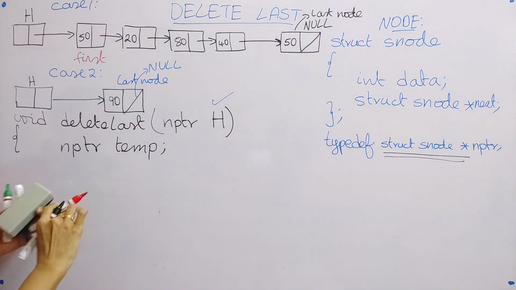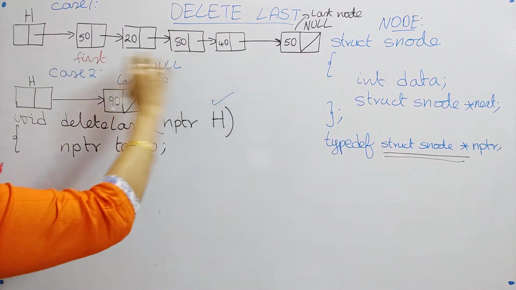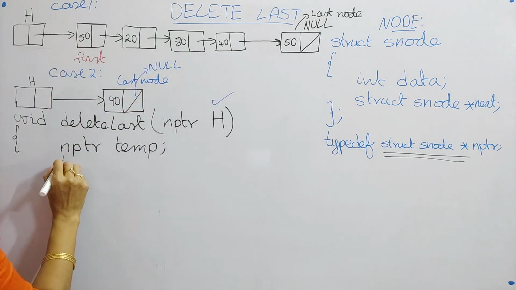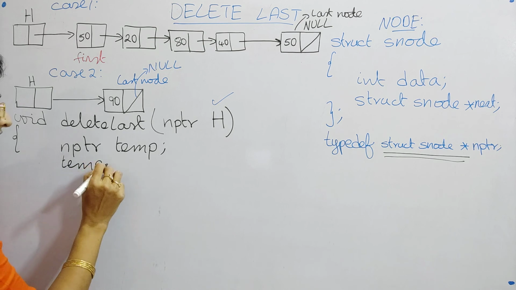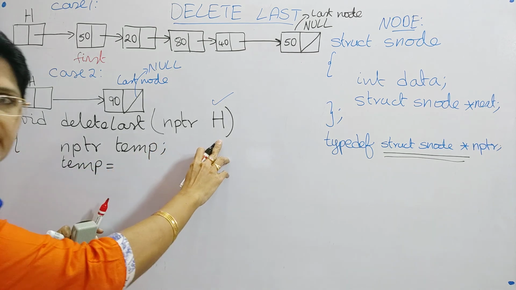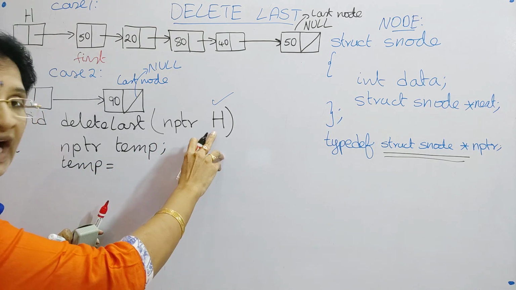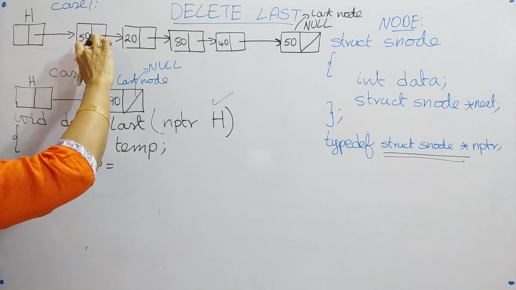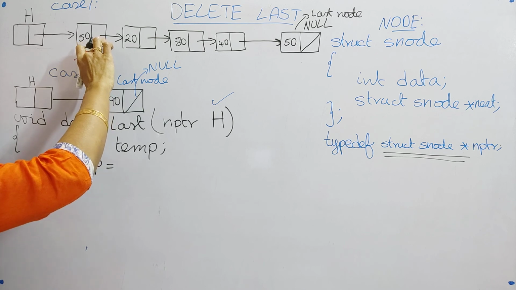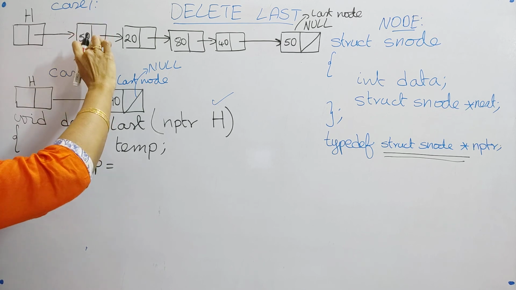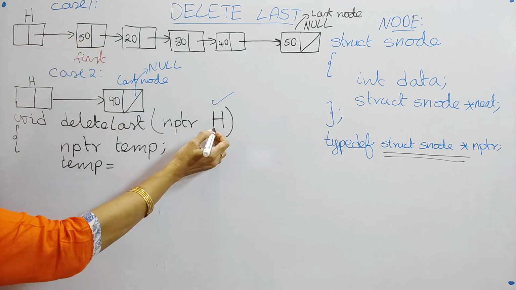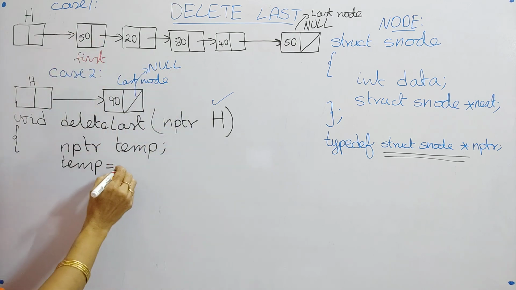So I will traverse my temp variable starting from the beginning. For that, I can assign the starting address. What is the starting address of my node? It is h next. The first node address is available in h next.